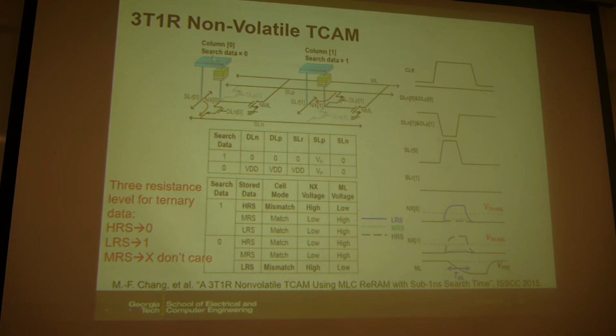I will not go into the details here. You can read the truth table here, and you can figure out why only certain combinations of your search data and the stored data, when they match, give you a discharge current here. That is how you find the data.